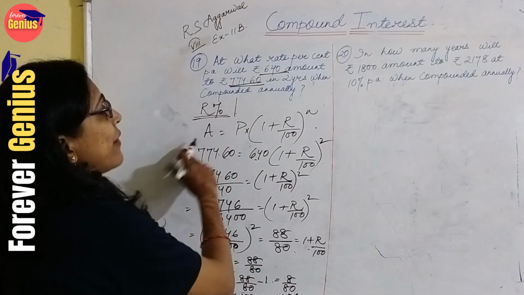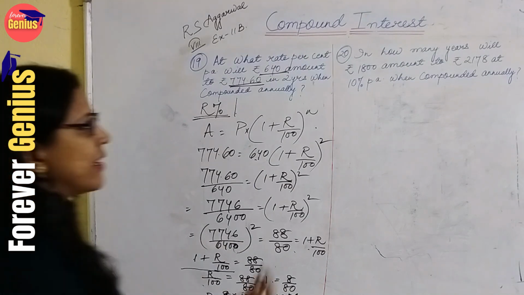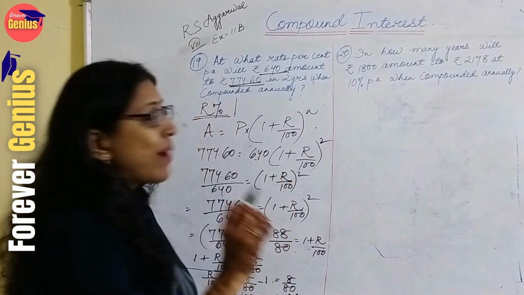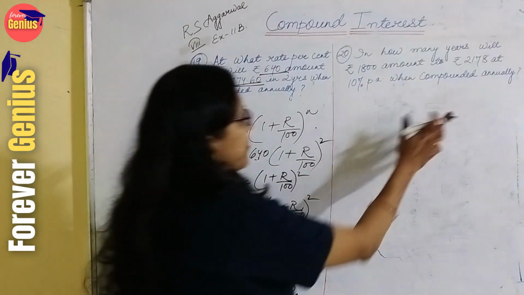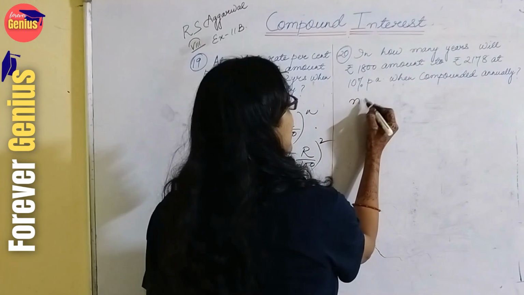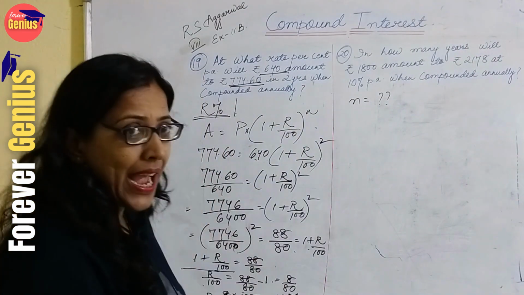Now see, if I have to find this n, the next question deals with it. In how many years will 1800 amount to 2178 at 10% per annum when compounded annually? It means n is missing. The missing factor here is the time.